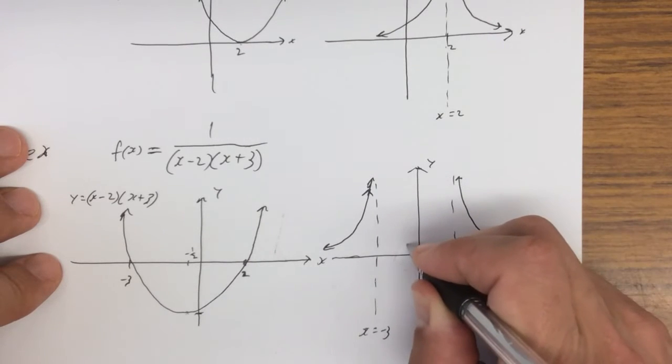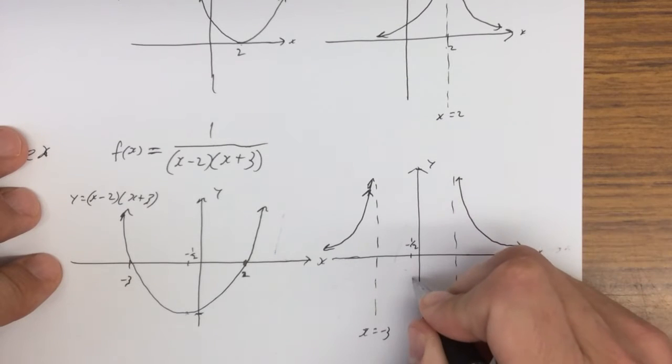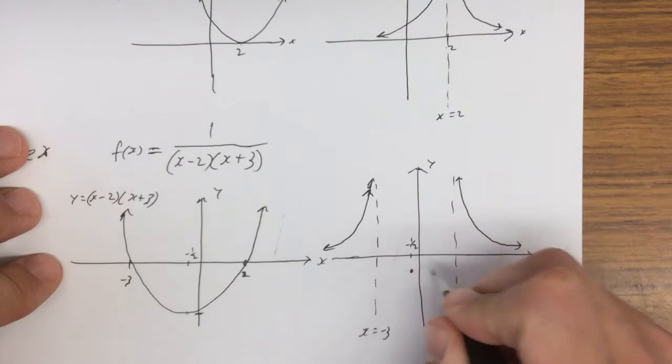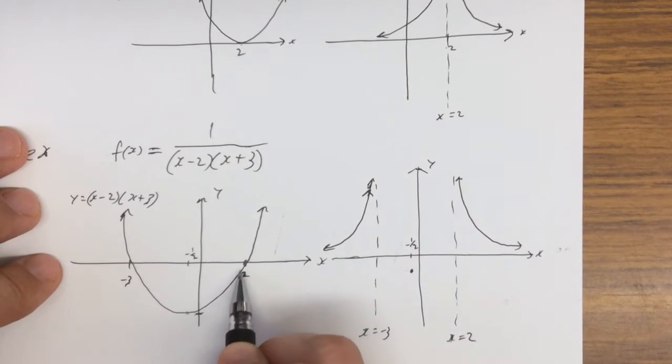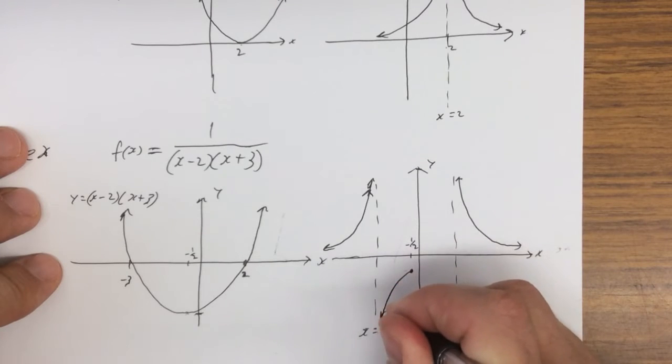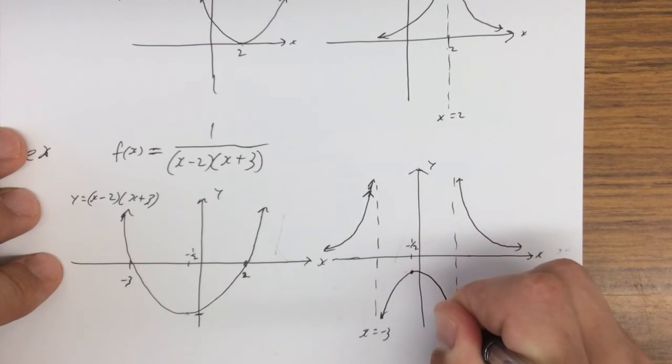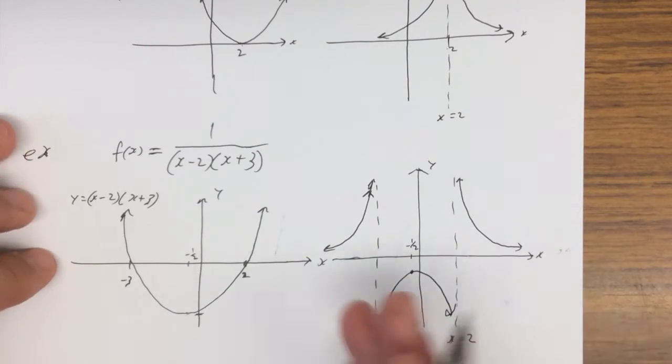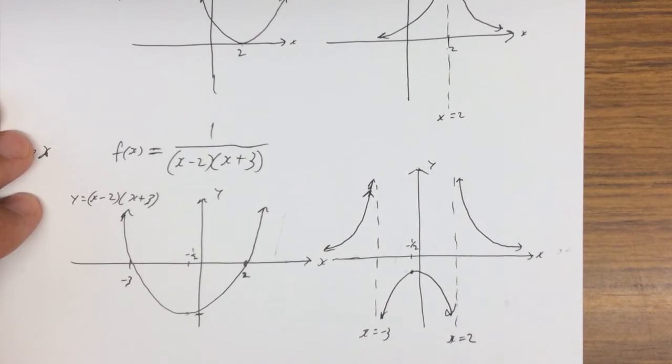So at negative 1/2, you're going to have the peak of this piece. And then 1 over these really small negative numbers is going to be big negative on both sides here. So you'd end up having this effect, looking like a bit of an upside down parabola, but it doesn't go past those asymptotes.